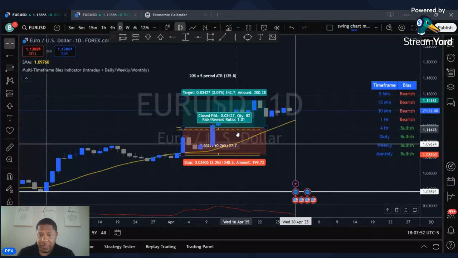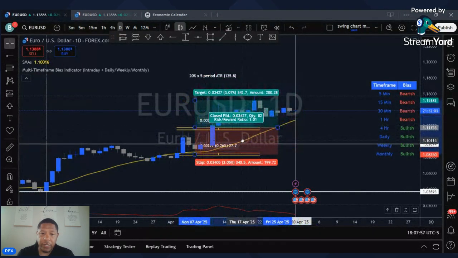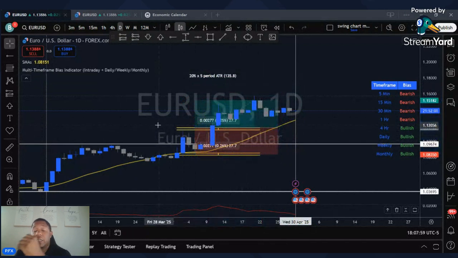So that way, instead of getting in way up here, it takes you in right at the break of the previous high of the monthly candle, March monthly candle, and you do your pending order buy stop, and that way you get a little bit closer and you can get rid of the drawdown that's right here, right?